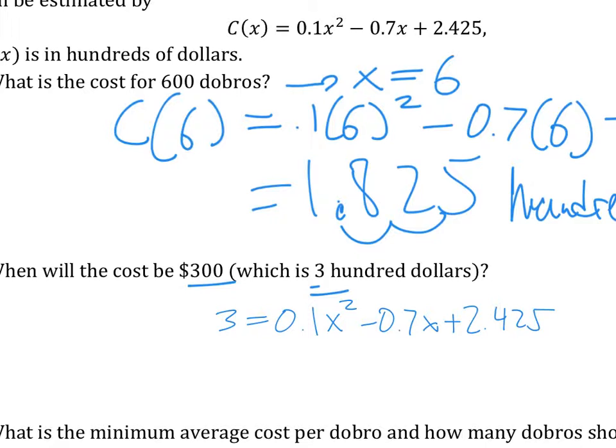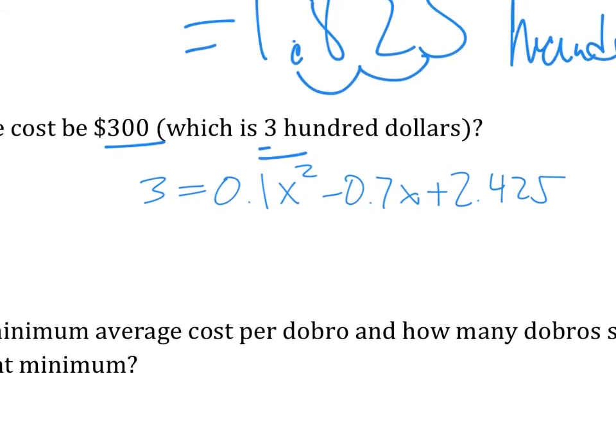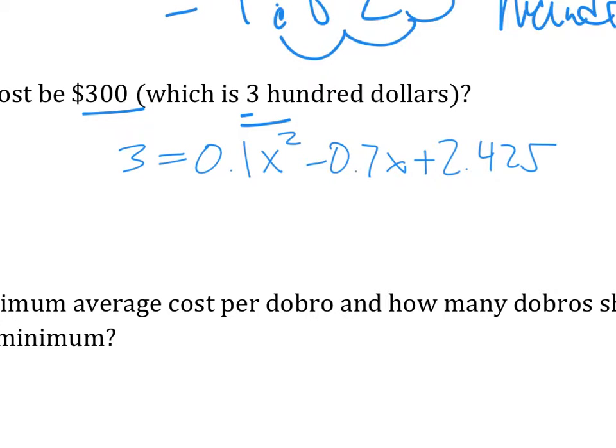We're going to set this equal to 0. It's a quadratic equation, so we're going to use the quadratic formula. One thing we can do right now is multiply everything by 10. That makes life a little easier, and just gets rid of the decimal point. This is totally optional, but it works nicely.